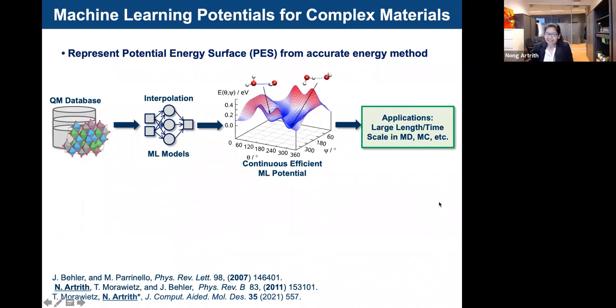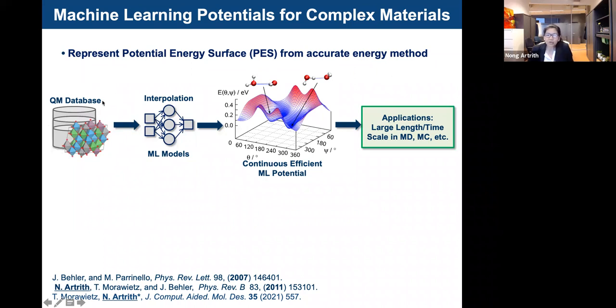So this is already covered in this conference, but just to give a brief overview, the general idea of machine learning potentials is to use machine learning methods to represent the potential energy surface, or PES, from very accurate energy methods, for example, first principles quantum mechanics, or density functional theory, or DFT. So I use this as a QM, or quantum mechanics, database.